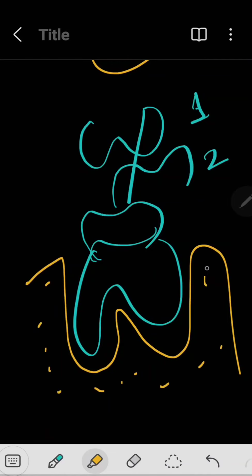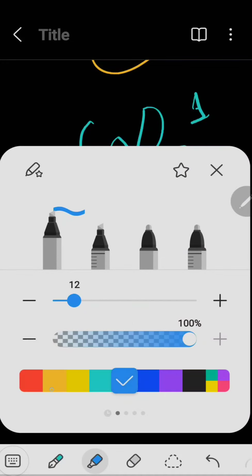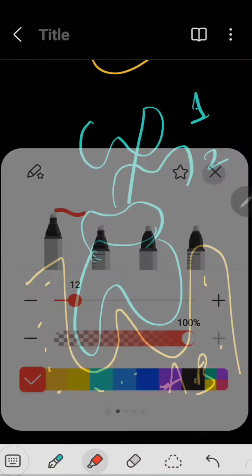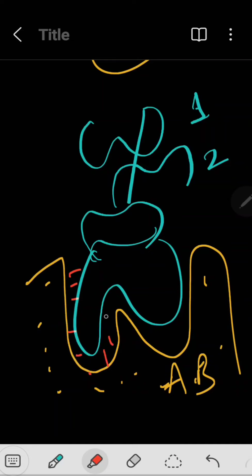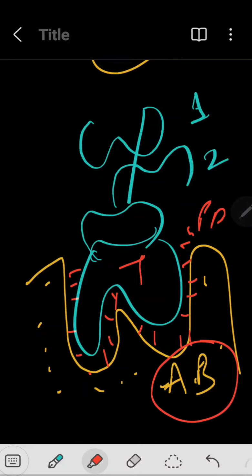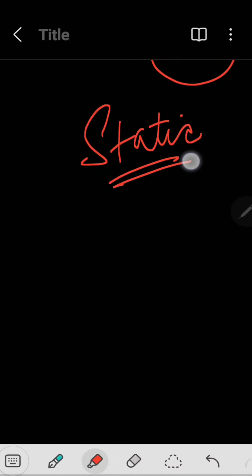Could it be the alveolar bone? Could it be the PDL fibers? So they have different relationships with each other. This is the tooth, this is the PDL fibers, and this is the alveolar bone. I hope it's clear. So this was about the static aspects of occlusion.